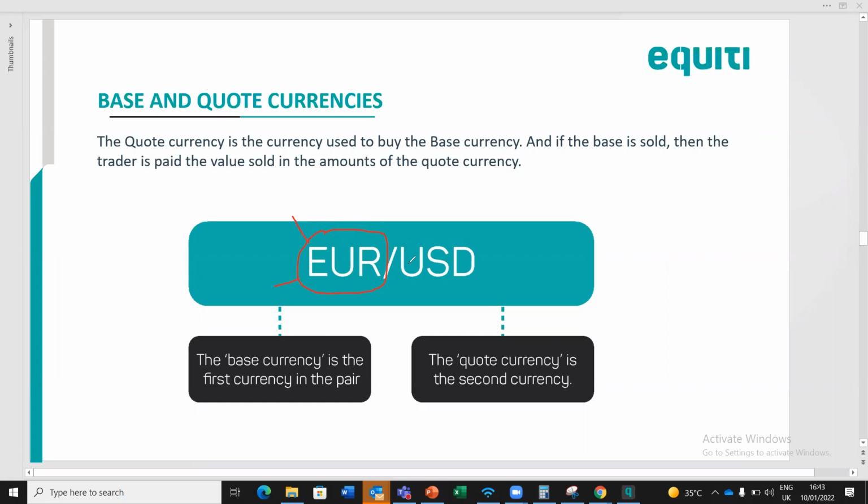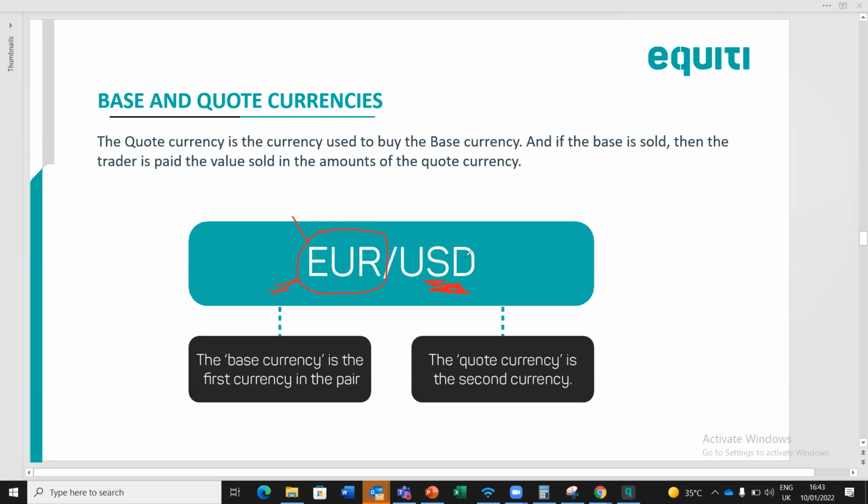When I say sell EUR/USD, what you're selling is the Euro. So what about the US dollar, you might ask? Which is the quote currency. Whenever you buy the base currency, whenever you say buy EUR/USD, you're buying the euro, and you're paying the exact value of the base currency you're buying in US dollars.